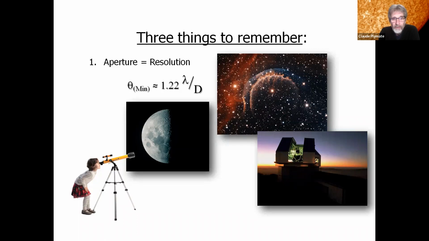Of course, we all know that aperture is equivalent to resolution. Small apertures give us a low resolution view. Large aperture telescopes, high resolution, which is encoded in this equation, the Rayleigh resolution formula that we all know and love, which says that the minimum resolving angle is proportional to the wavelength that we're looking at divided by the aperture.